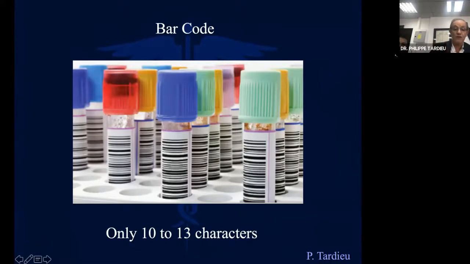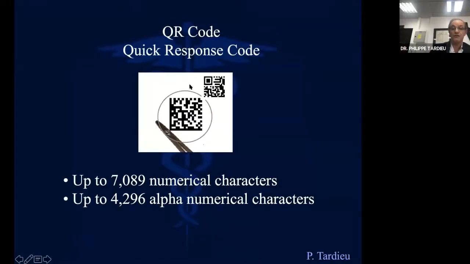A barcode includes only 10 to 13 characters. And you've seen already what we call the QR code. QR code means quick response code. And a quick response code includes 7,000 numerical characters. So there is a big difference between the barcode and the QR code.